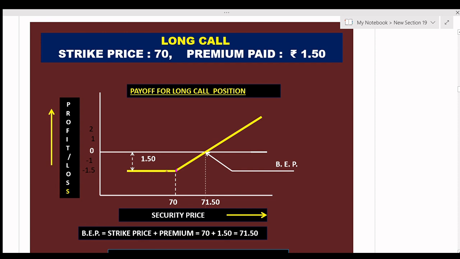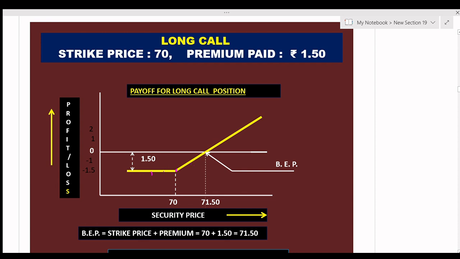If the spot price decreases from 70, say it is 69, the buyer will not exercise, so he incurs a loss of rupees 1.50. And if it is 68, he is not interested in exercising his right, so the loss will be 1.50.